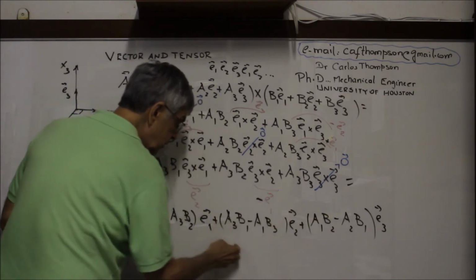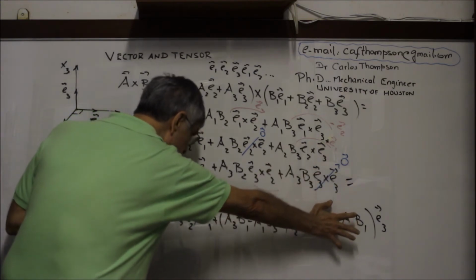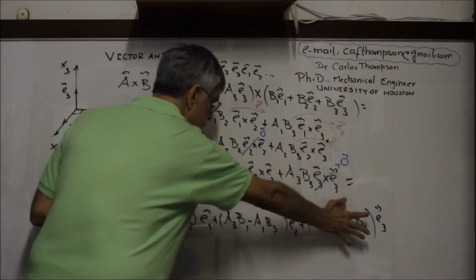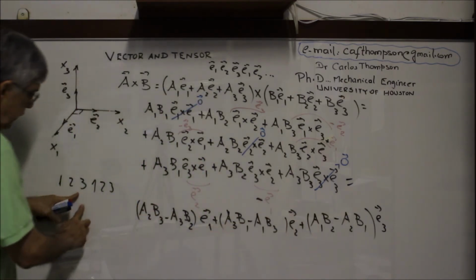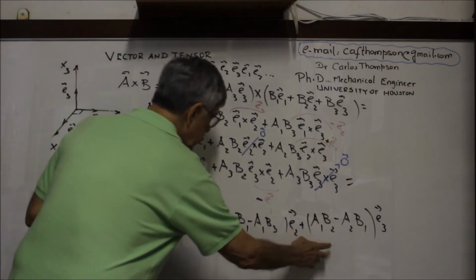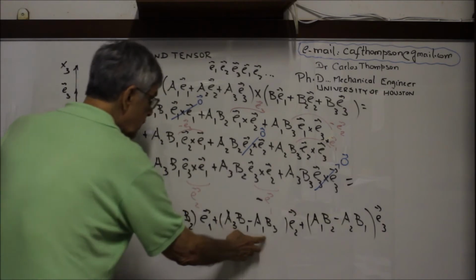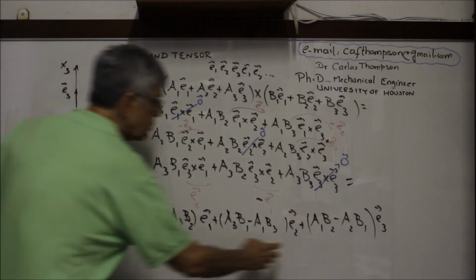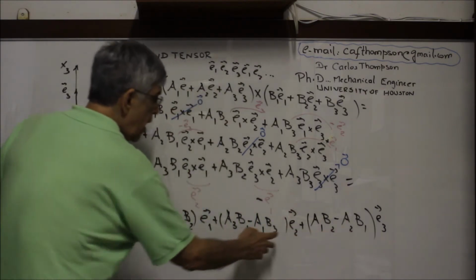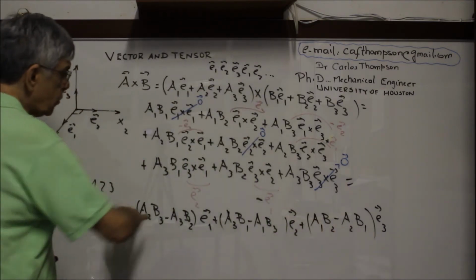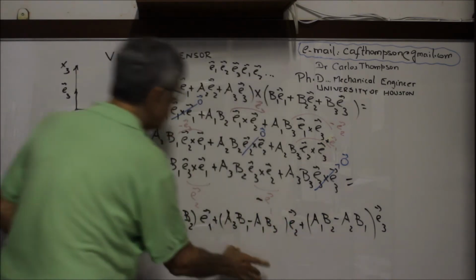So I wrote this just looking at this. Now forget this term here. Just look at here. After 3 comes 1. After B1 comes B2. After E2 comes E3. It's quite easy. If you write down this, you can complete this.